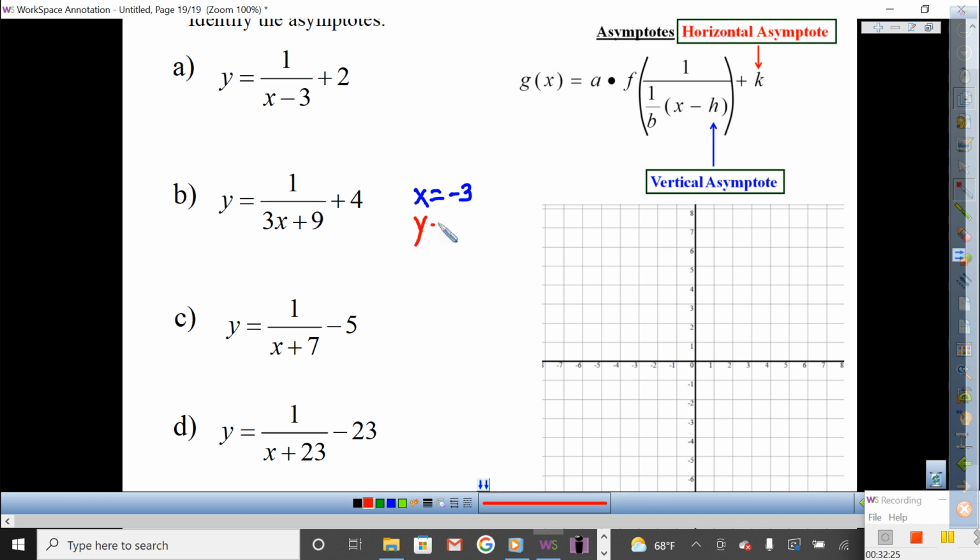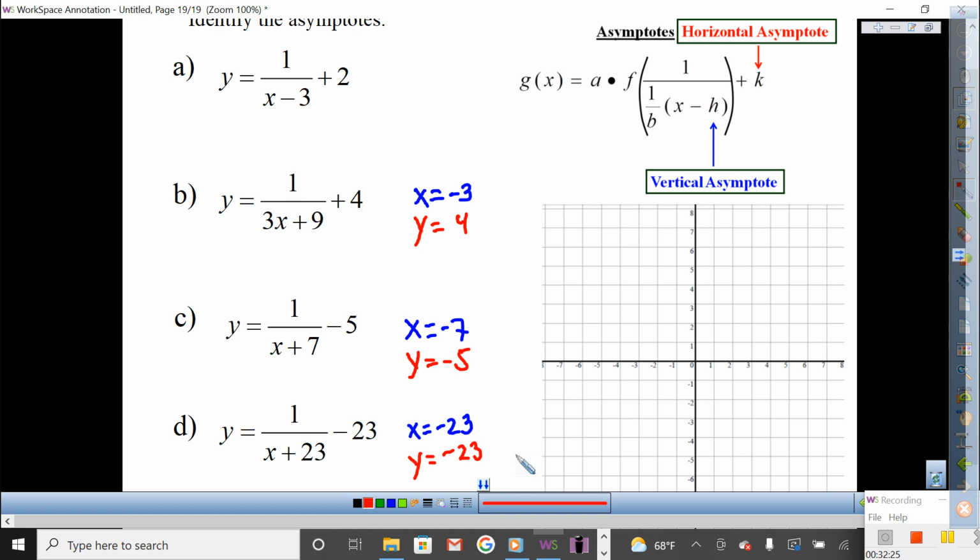That means the horizontal is 4. So far so good? Part C. Vertical, x equals what, Andy? Negative 7, which means our horizontal is y equals negative 5. And the last one, x equals negative 23 and y equals negative 23.